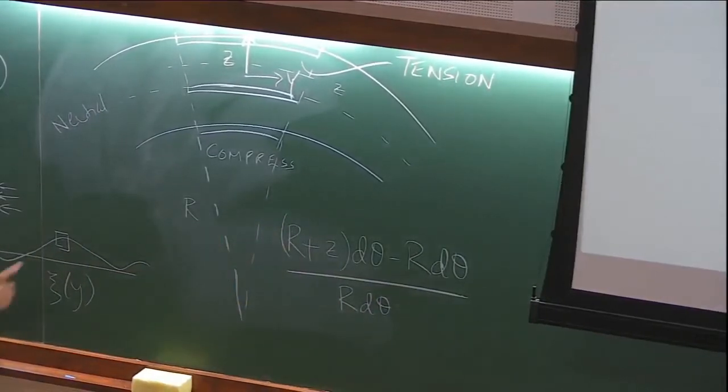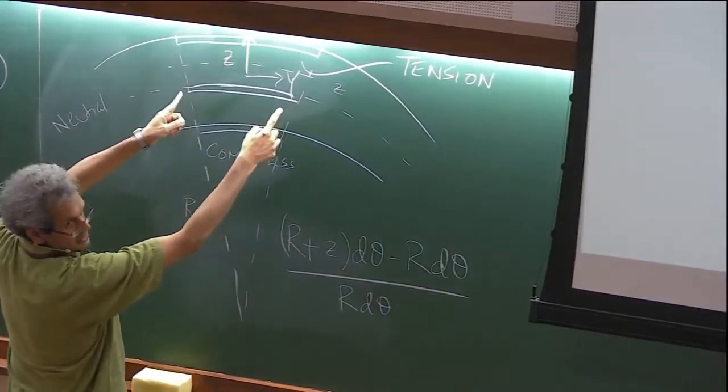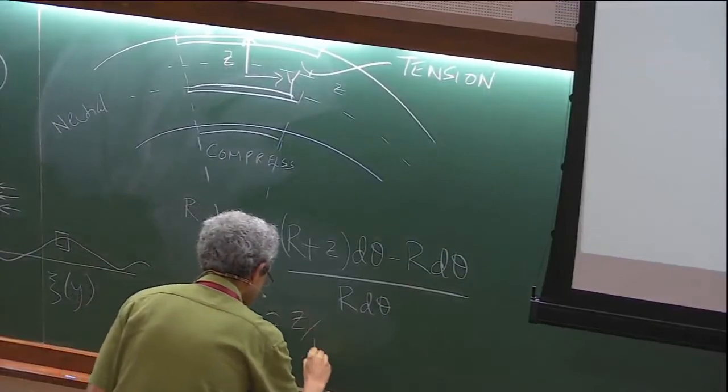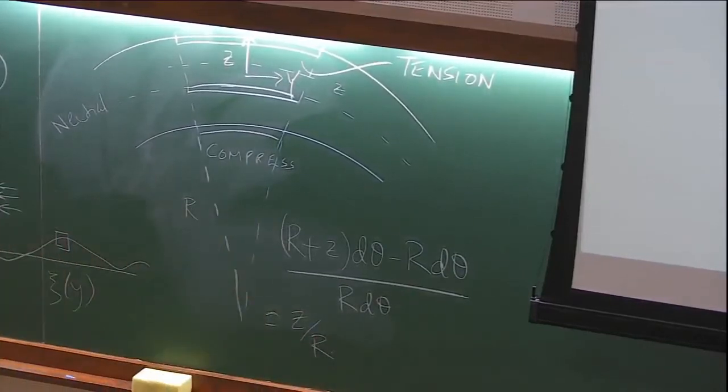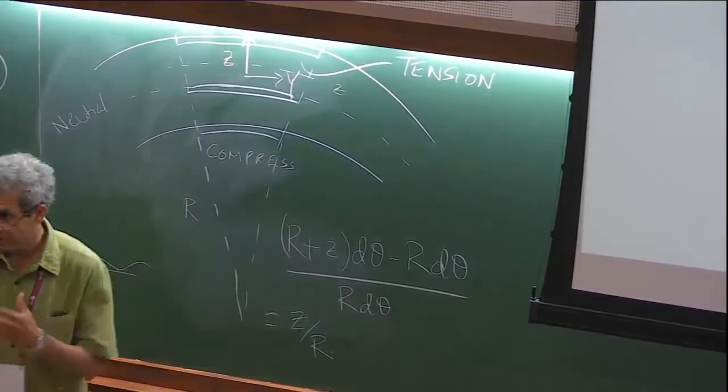Yeah? It's the length of this arc minus the length it used to be, divided by the length it used to be. So this is Z over R. Okay? I can do it better, but so these are the 3D strains, which are all gradients.